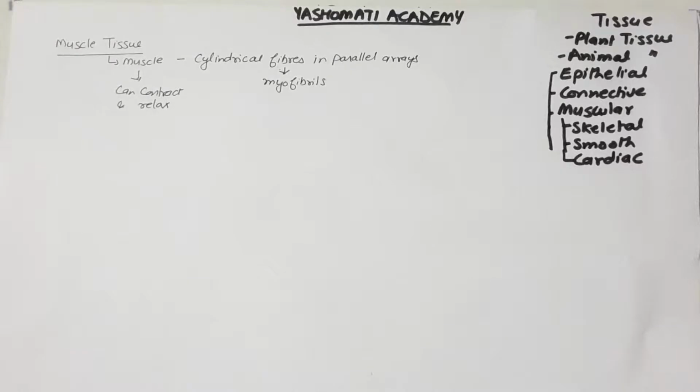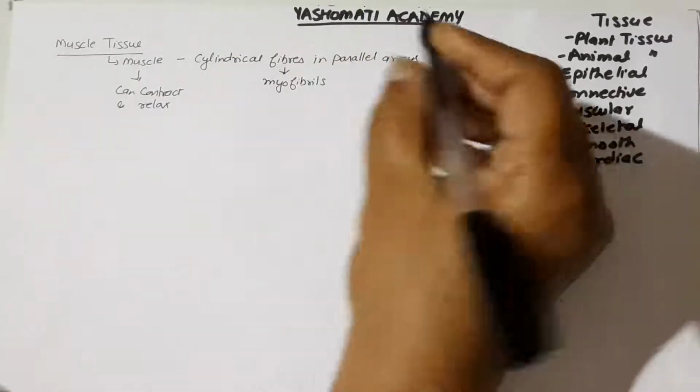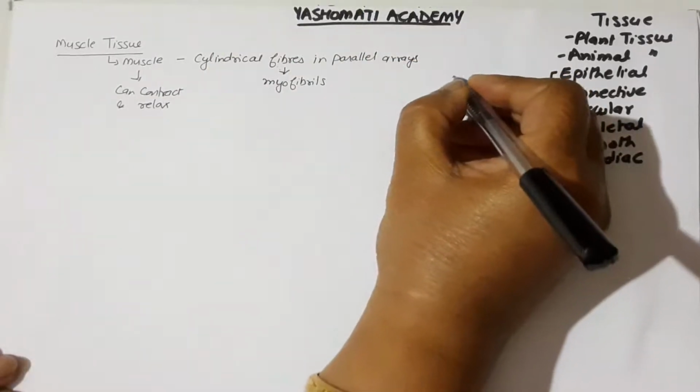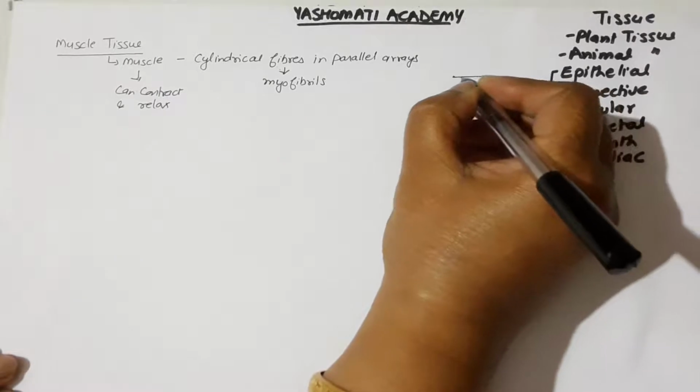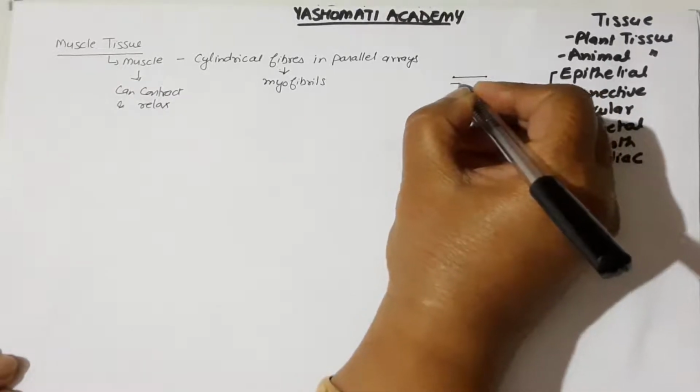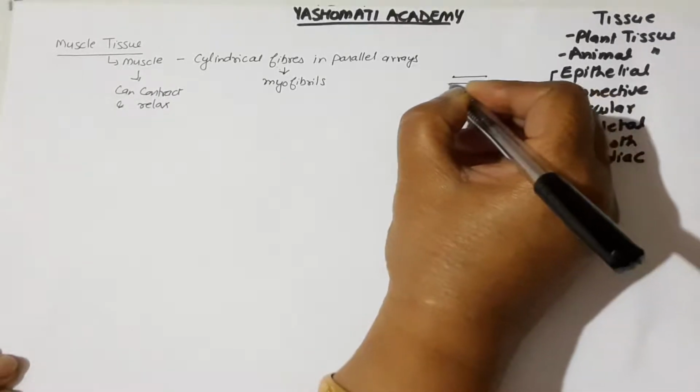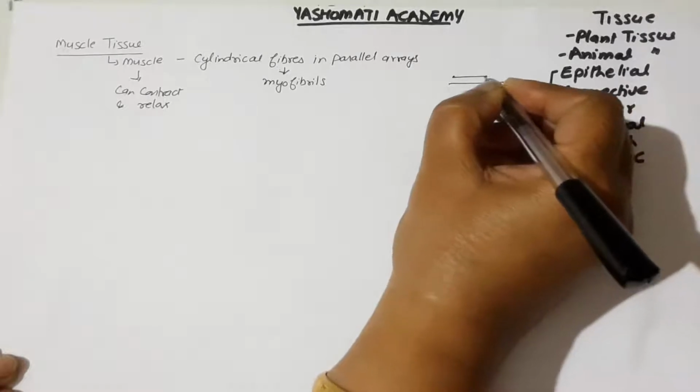In elastic, what we see is that we can elongate the elastic. You must have seen elastic. So if elastic is of this length, then you can elongate it, you can stretch it, and when you release it, it comes back to its original place.